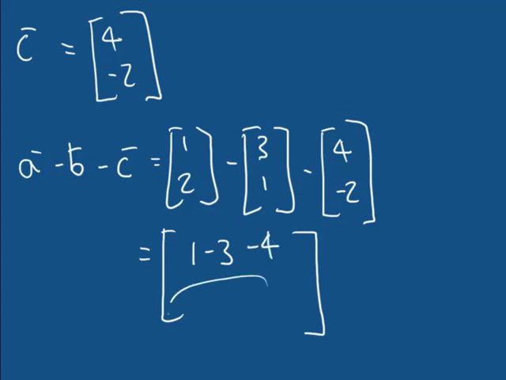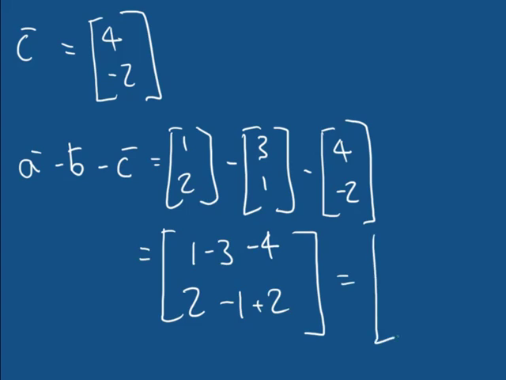Likewise, for our second component of the result, we take the second component of the first vector, 2. We're going to subtract from that the second component of the second vector, 1. And then subtract from that the second component of the third vector. So we're going to subtract minus 2. That means we're going to add 2.